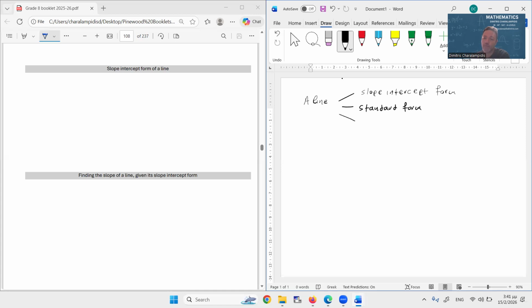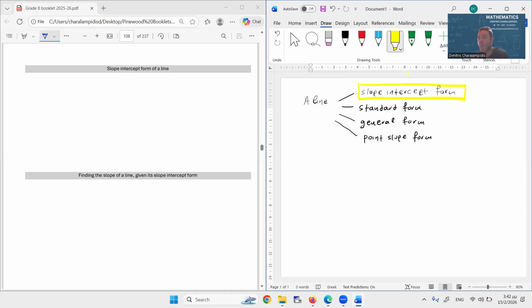Thirdly, we have general form. And finally, we have what we call point slope form. In this video, we'll focus entirely on the slope-intercept form.